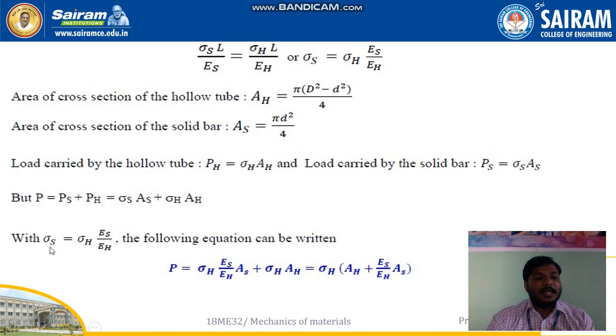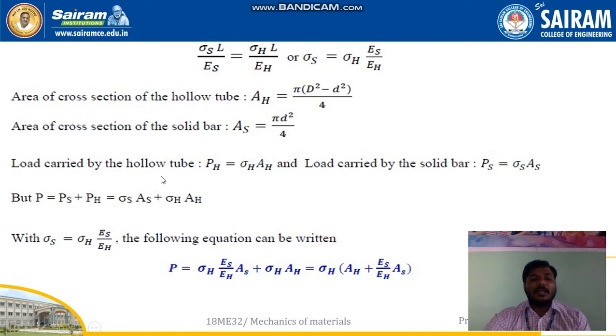Now, taking the stresses out, the stress in the solid bar, sigma s, equals sigma h, the stress in the hollow tube, into Es, the modulus of elasticity of the solid bar, divided by Eh, the modulus of elasticity of the hollow tube.